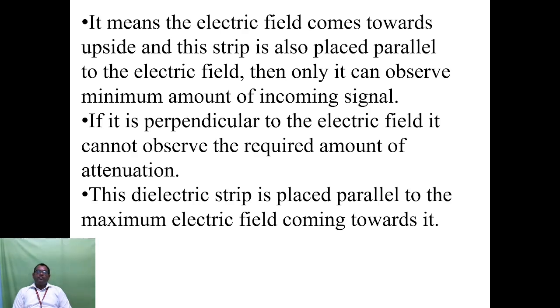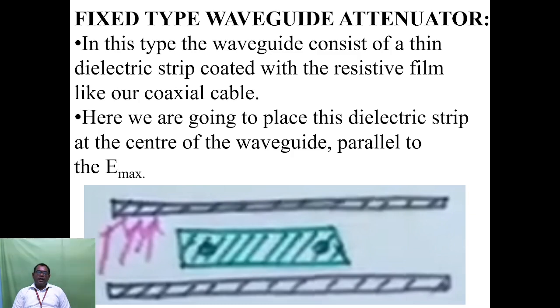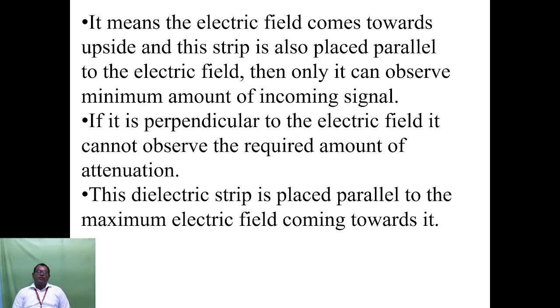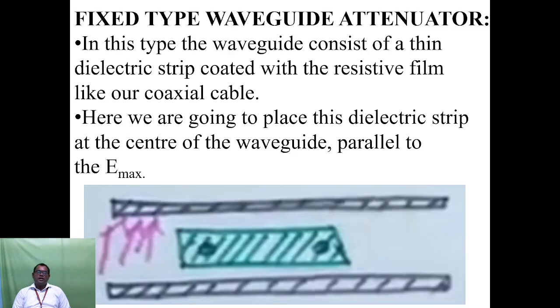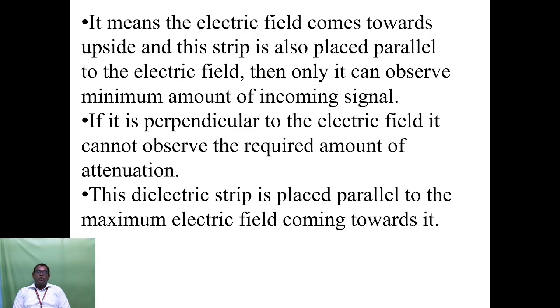The rose color arrow mark in the diagram represents the electric field in the upside direction, and this strip, represented in green color, is also placed parallel to the electric field, so it can absorb the incoming signal. If it is perpendicular to the electric field, it cannot absorb the required amount of attenuation. So this dielectric strip is placed parallel to the maximum electric field coming towards it.